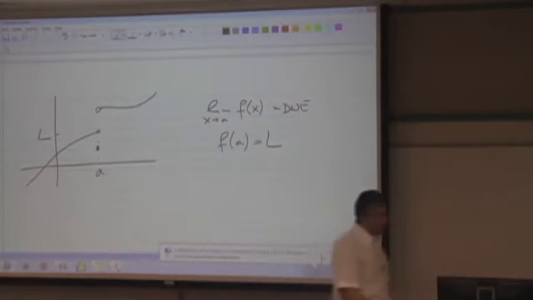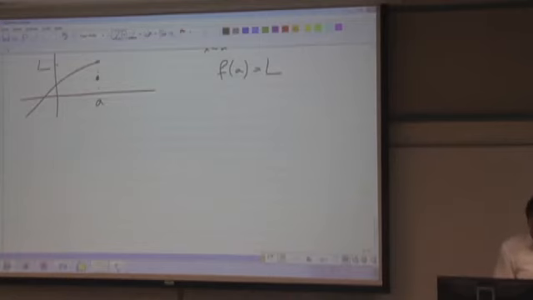So now, can you come up with an example in which the first two conditions are satisfied, but the third one is not? Which means the value of the function exists, the limit exists, but they're not equal to each other. Use the first graph, but for a different point. Bingo. Use the first graph and just add the point.